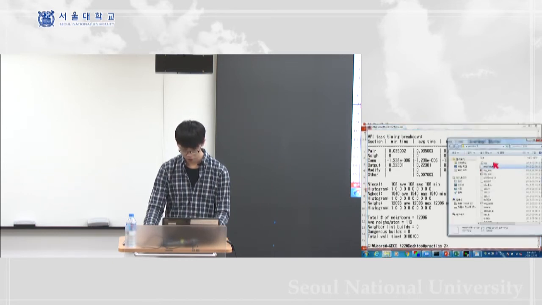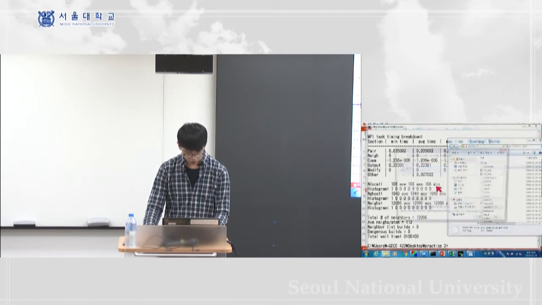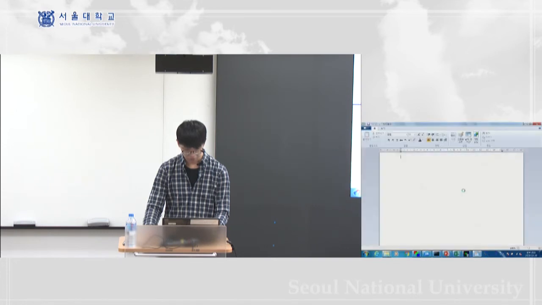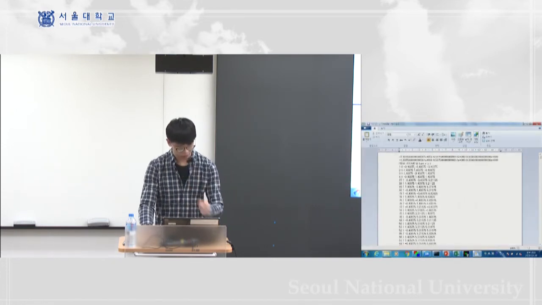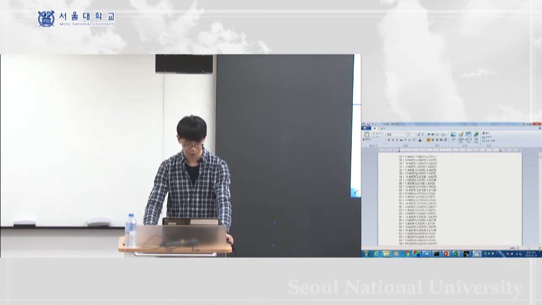When we see this movie file, you can see the absolute atomic coordinates of these atoms.